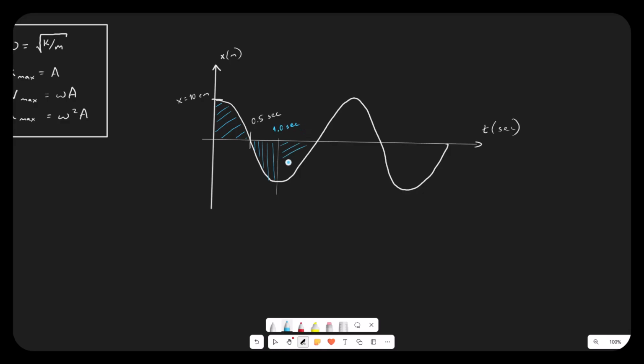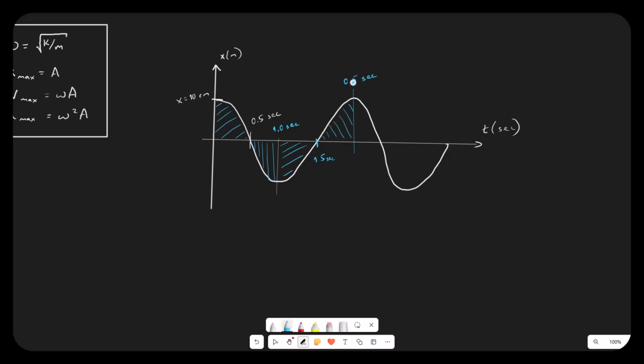Over here, I get this again, so this must be 1.5 seconds. And over here, a half wave, or a half second, gets me back up to the amplitude.